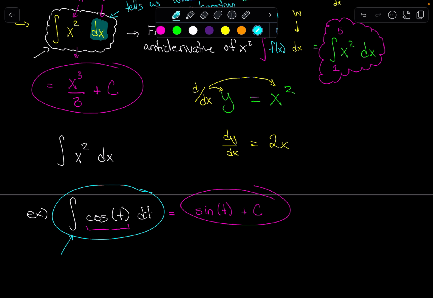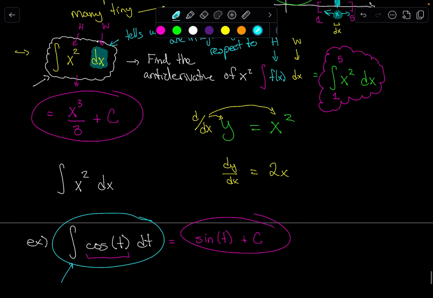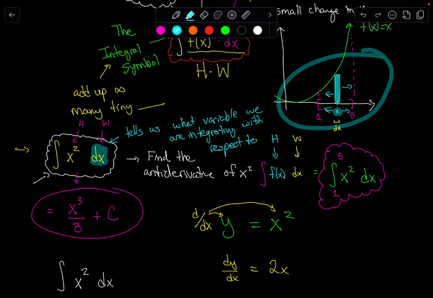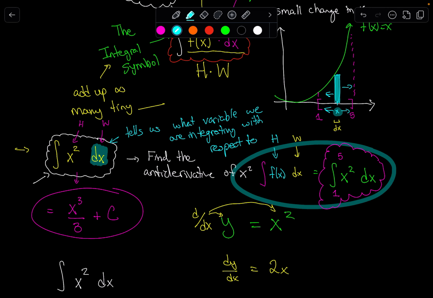So there's two things that you need to walk away from this video with. One of which is you need to be able to understand where this integral is coming from. You need to be able to understand that it's coming from the idea of adding up a bunch of little teeny tiny rectangles on a particular given interval.